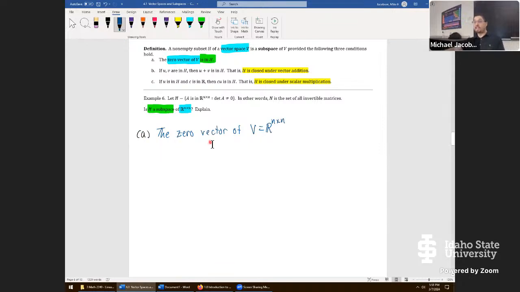And it is okay to say zero vector here because that truly is now a vector space in its own right. In section 2.1, we defined matrix addition. That's equivalent to vector addition and the scalar multiplication as well. So let's write it down. I'll write a capital Z because our objects inside Rn by n are matrices. We usually use capital letters and Z to denote it's the zero vector. But what would it look like? Well, it's got to have n rows and n columns, all of which are zero. Let's see, how could we write that down without too many steps?